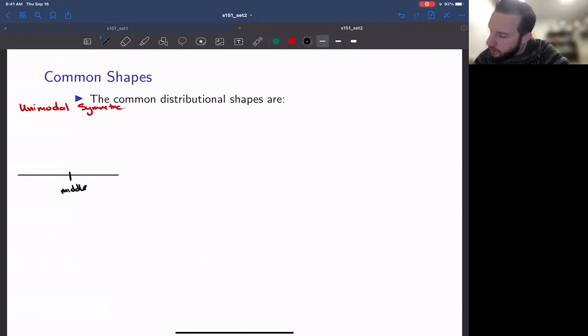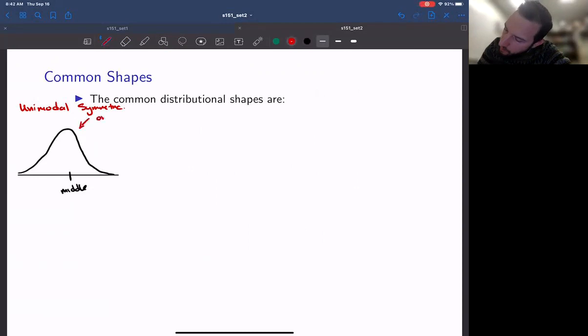A unimodal symmetric shape is going to look something like this. So what we have here is one peak or mode. This is an illustration where the shape has one peak or one mode, so unimodal, one mode.